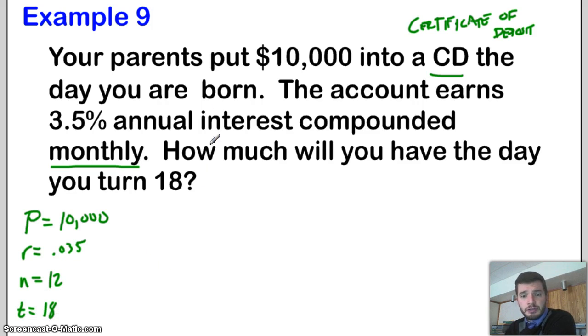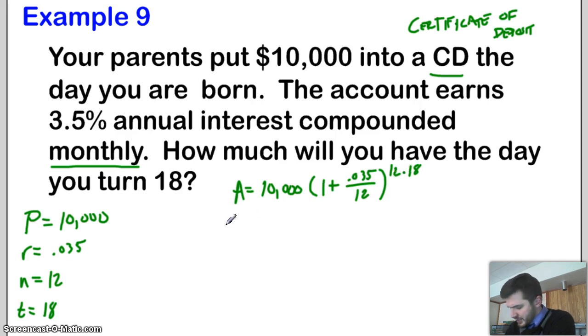All right, so now let's go ahead and plug it into our formula. So A equals the principal, 10,000, times 1 plus the rate, 0.035 divided by 12, and then to the 12 times 18th power. Let's do some cleaning up here.